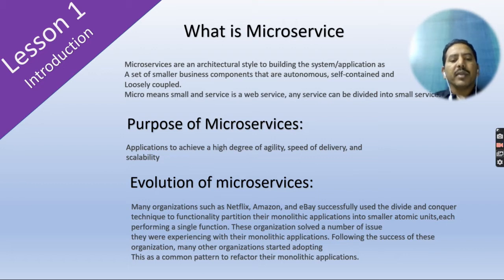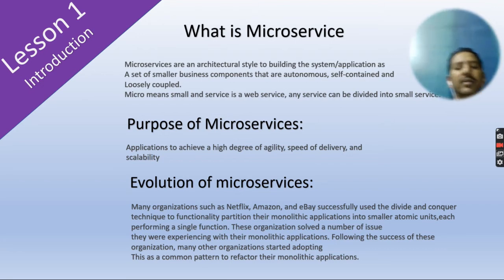Since we are making complicated services into small services, definitely the application is going to perform with speed and scalability. If the traffic is increased for a particular application, definitely we are going to achieve scalability. And apart from this, it is independently runnable, and we can deploy it in a number of ways also.